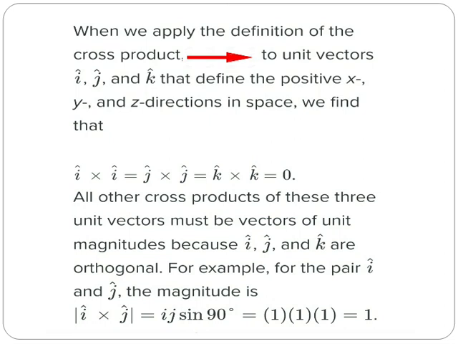For example, for the pair of unit vectors I cap and j cap, the magnitude of the cross product is equal to modulus of I cap cross j cap is equal to modulus of I cap into modulus of j cap into sin 90 is equal to 1 into 1 into 1 is equal to 1, since sin 90 is equal to 1.